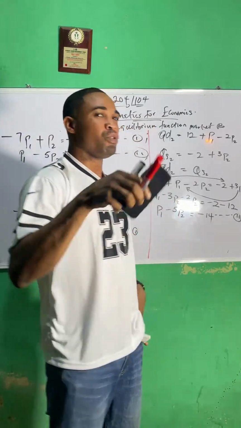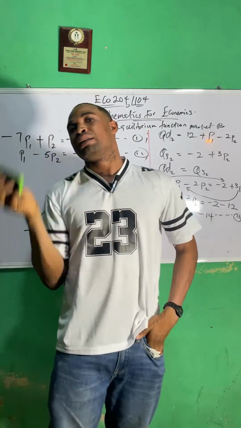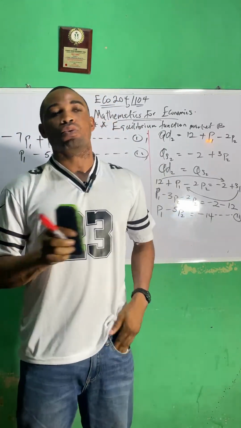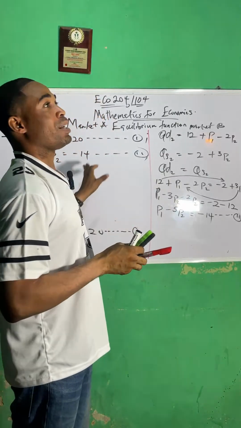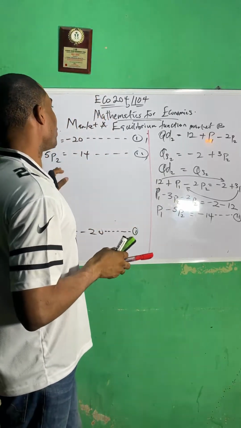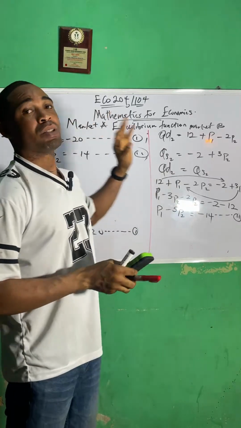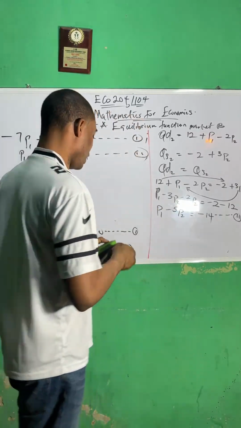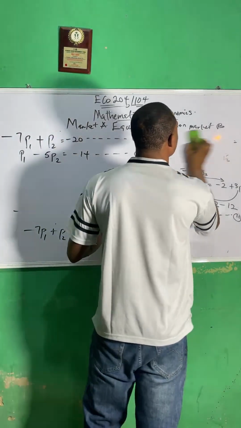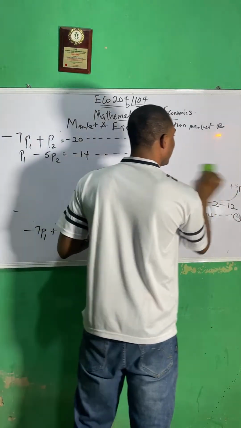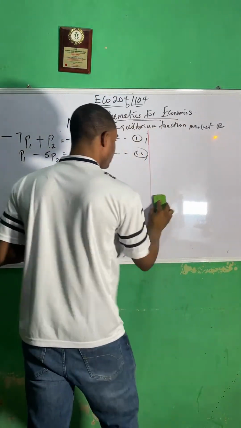So for the sake of you understanding the next topic, I'm going to use Cramer's rule, which uses matrices to solve simultaneous equations. So let's use Cramer's rule to solve this question and find P1 and P2.